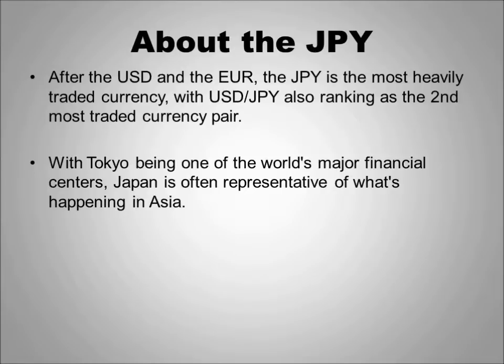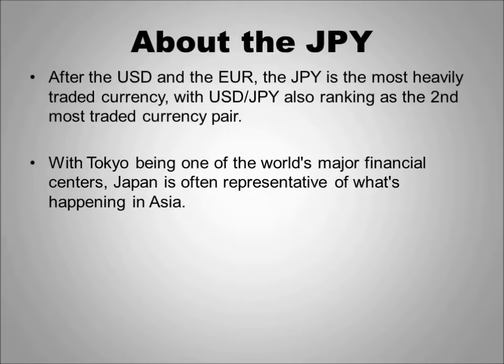Also, with Tokyo being one of the world's major financial centers, Japan is often the representative of what's happening in Asia. Now, there are other financial markets in Asia, such as the Hong Kong market, Shanghai market, Singapore market. However, what happens in those markets can have an influence as to what happens in Tokyo.